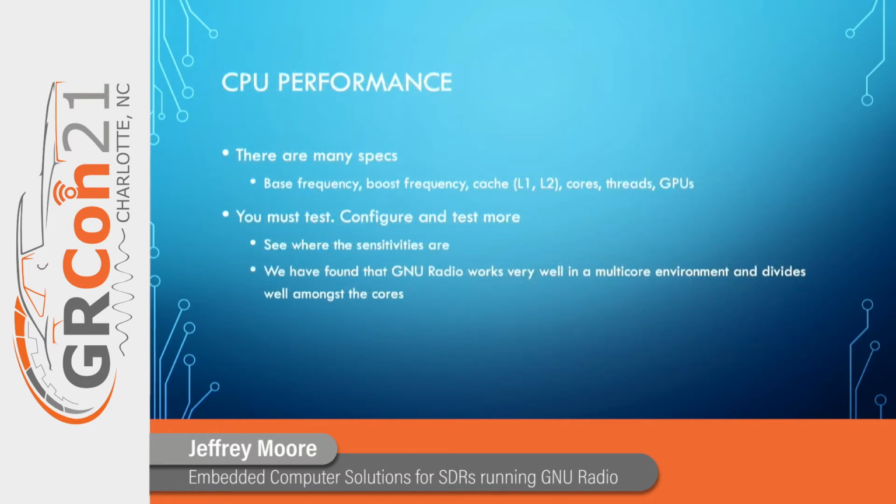Now for CPU performance, it's really interesting. If you look at the Intel line in particular, and you look at the performance specs, they are all really close to each other for the last few years, especially. Yeah, you can have more cores, you can have more threads, you can have higher processing rates and clock frequencies.